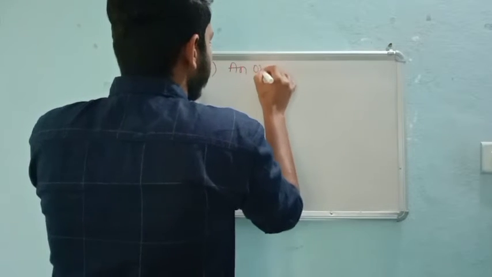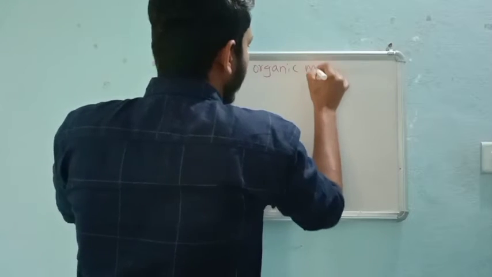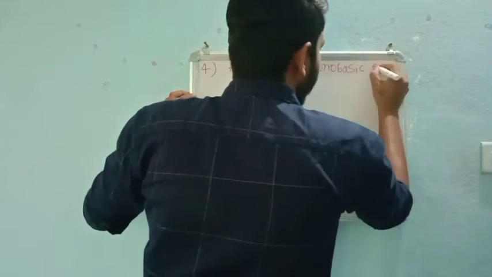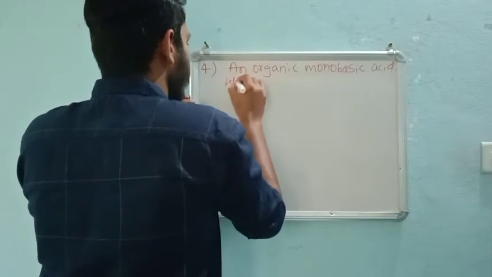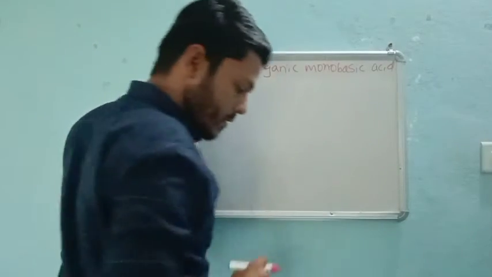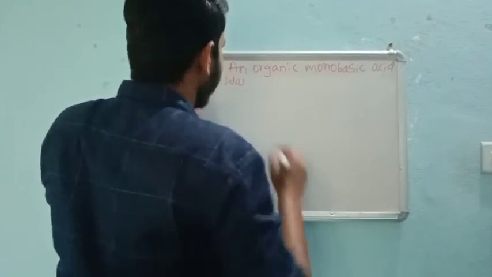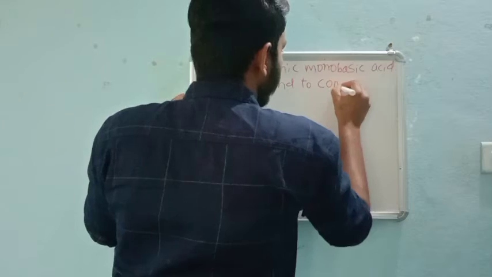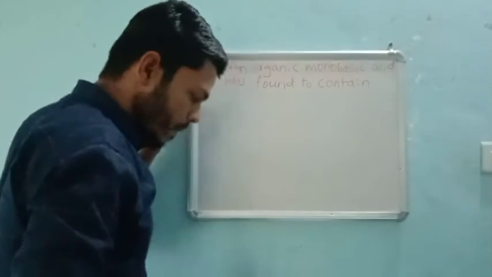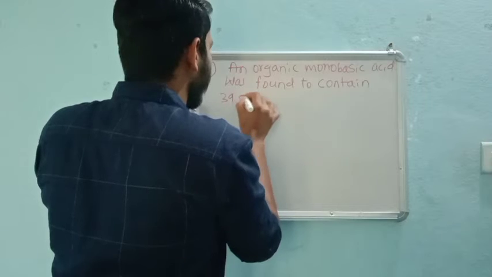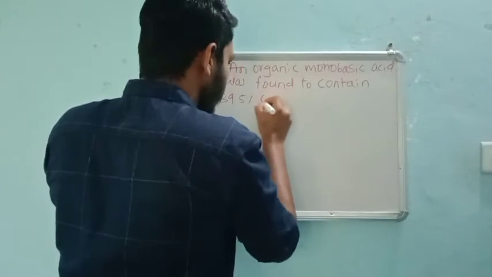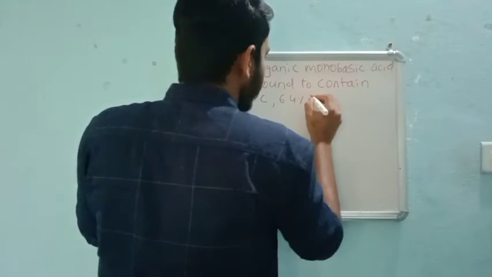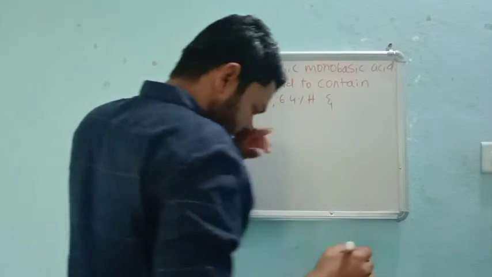An organic monobasic acid, monobasic means single H plus, was found to contain 39.5% carbon, 6.4% hydrogen, and the rest is oxygen.